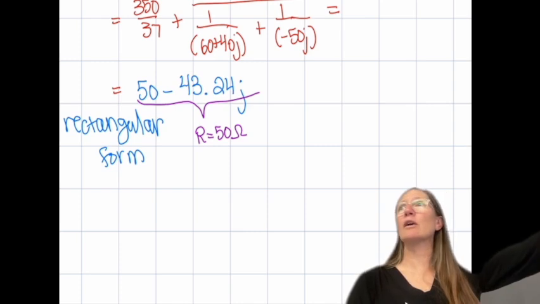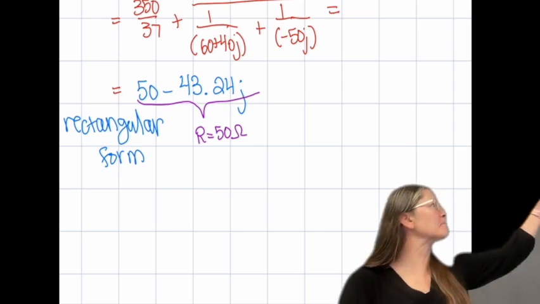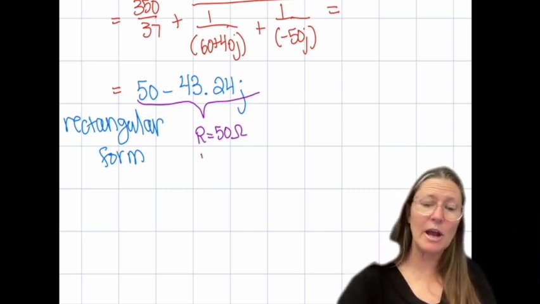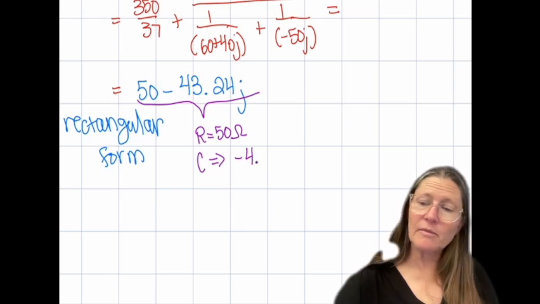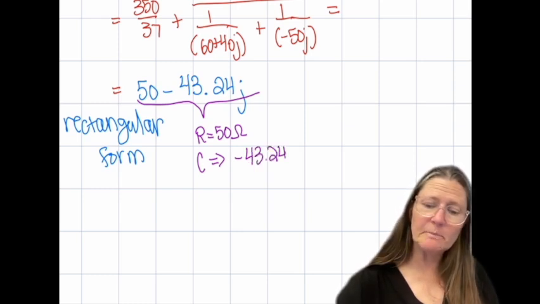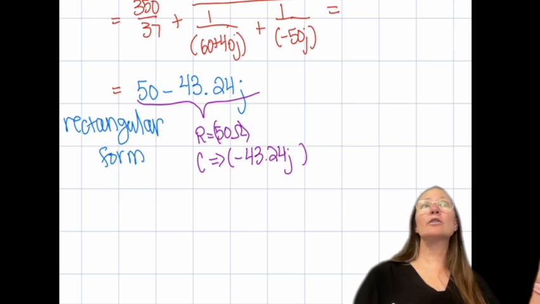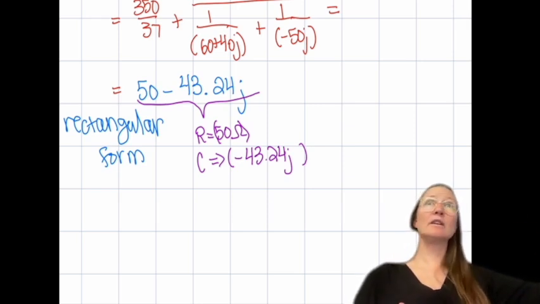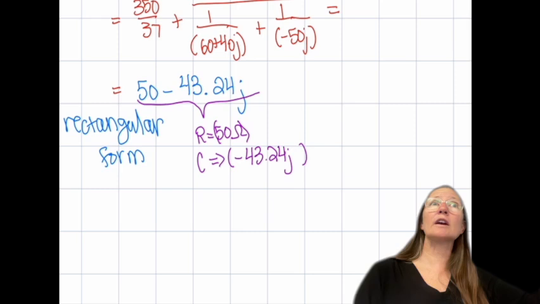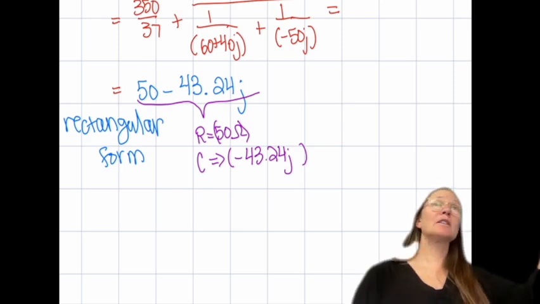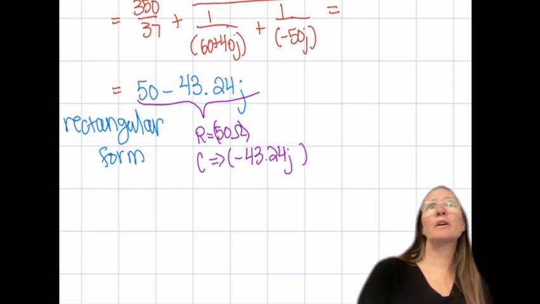If this is what my result is from my testing, I have a resistor and a capacitor of value minus 43.24J. And now I can work with that. I can compensate for that capacitor effect if I don't want it there. I can add in an inductor to compensate for it and get rid of the complex portion of it. Does that make sense?